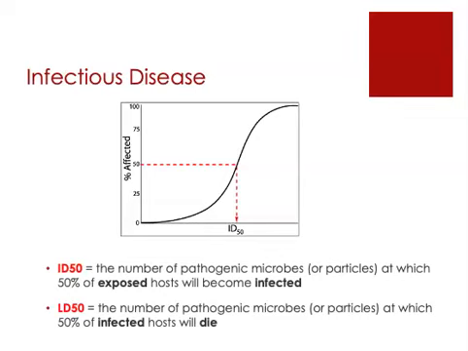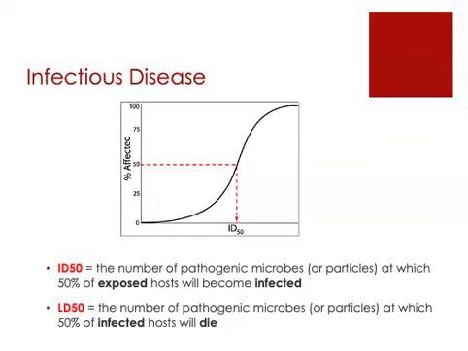Let's talk for a minute about infectious dose. There are two important measurements that we need to be familiar with with regards to infectious disease dose. The first is the ID50 and the second is the LD50.